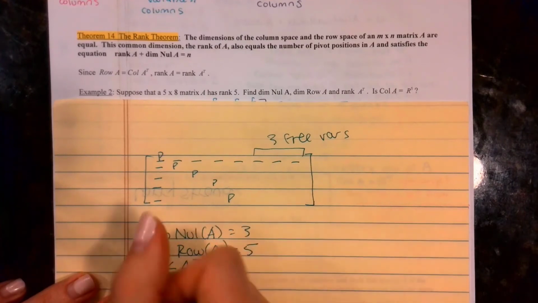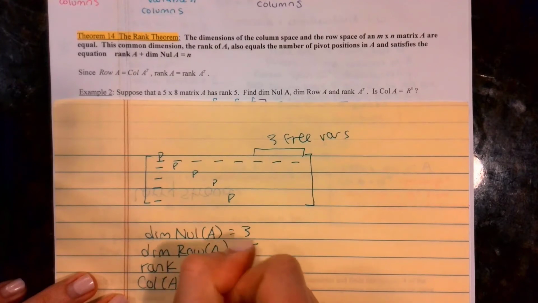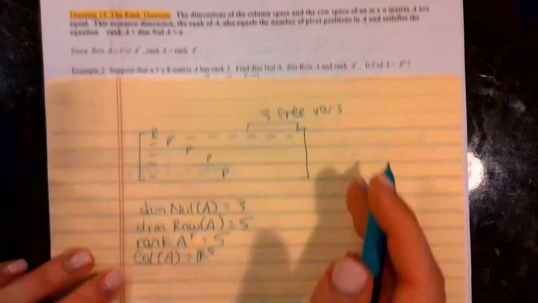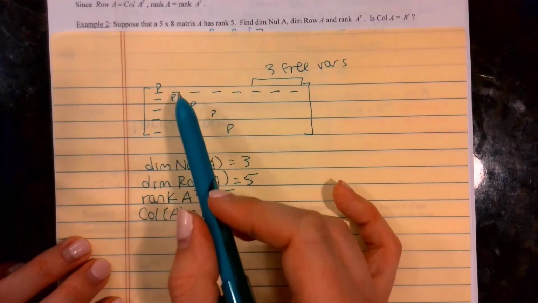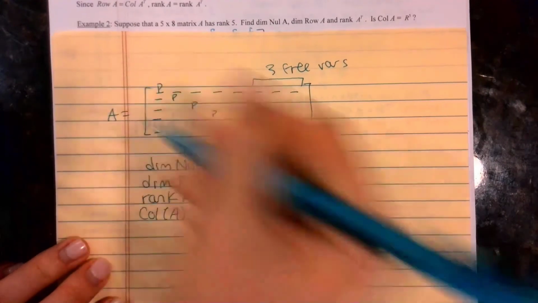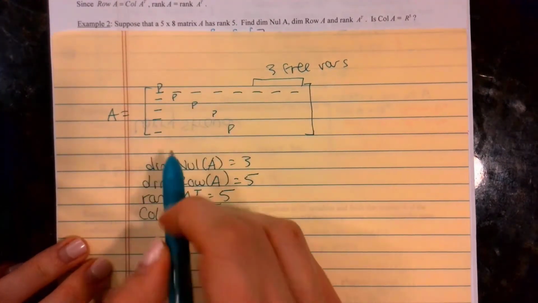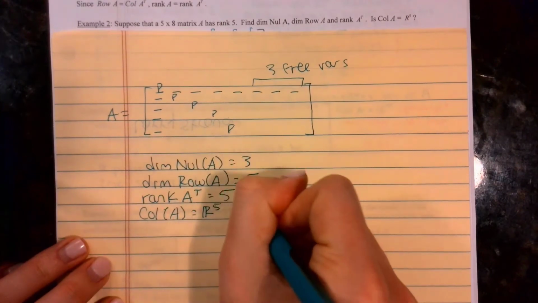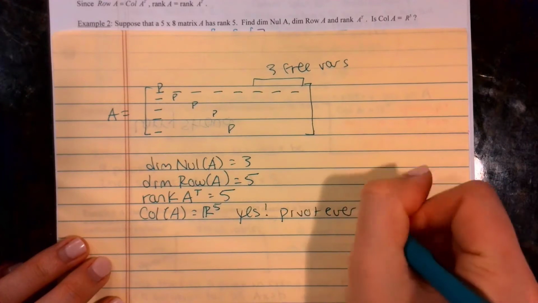Last question: is the column space of this matrix equal to R5? That's the same question as asking, do the columns of A span R5? Since I have a pivot in every row, and there are 5 rows, yes, there's a pivot in every row.